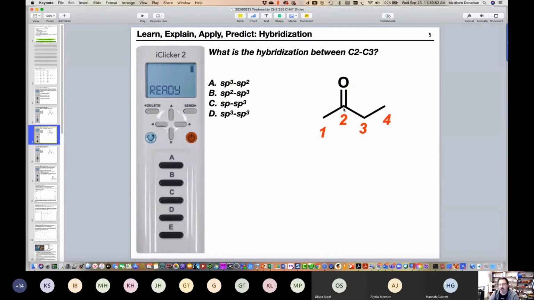So now what about between 2 and 3? So we have sp2, sp3. So what is the type of bond between carbons 3 and 4? So yeah, it's C, it's a sigma bond.